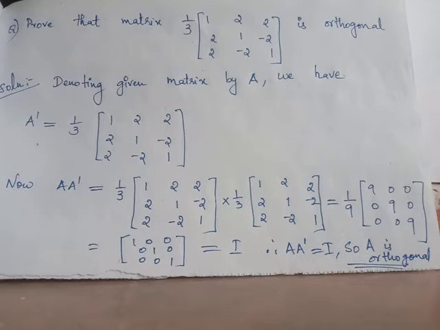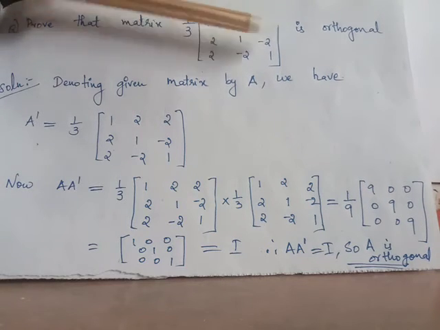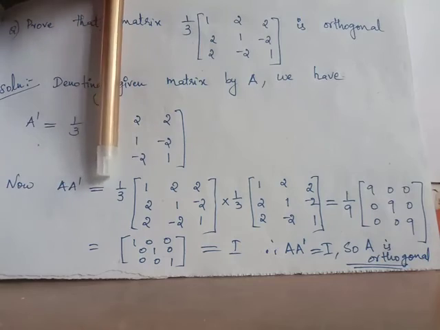Let's look at a problem. You are given a 3 by 3 matrix and you have to prove that this matrix is orthogonal. So, the standard property is to be verified here. If you denote the given matrix as A, then we evaluate A transpose. We just replace columns and rows. That is, the first row of the matrix A becomes the first column of the matrix A transpose.